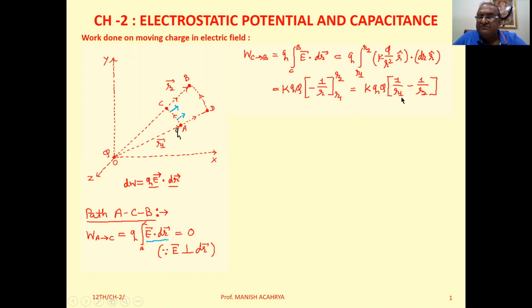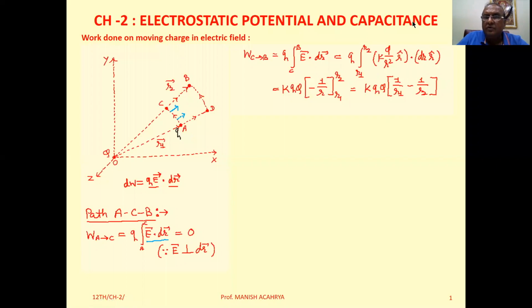Now if we substitute the limits, first R equal to upper limit R2, and then after minus R equal to lower limit R1. But due to this negative sign, you can write KQq into 1 upon R1 minus 1 upon R2. This is the work done to move charge small q from point C to point B.